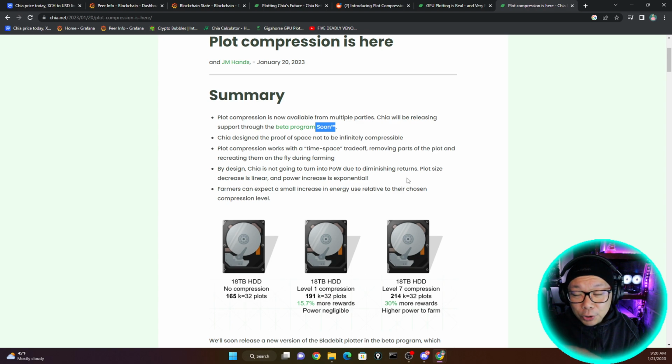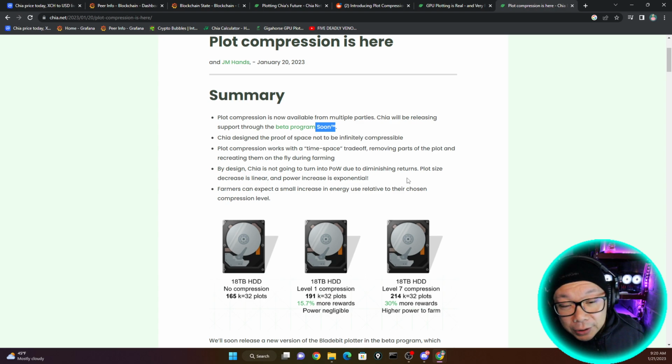But because you're using GPUs, it's in shorter spurts, less voltage and using less energy. And that's why they're saying maybe for your farm, it's more economical to utilize a GPU for plotting plus farming.